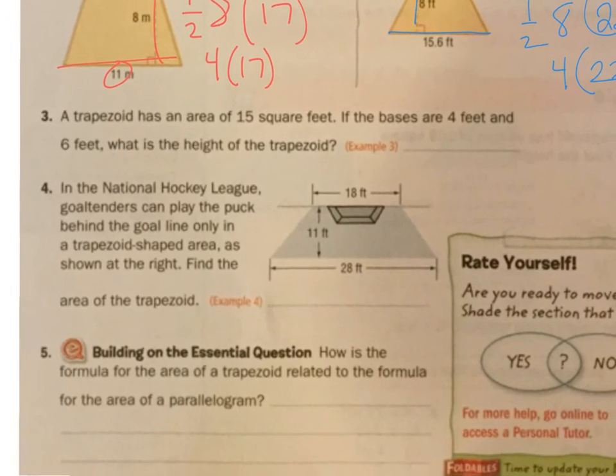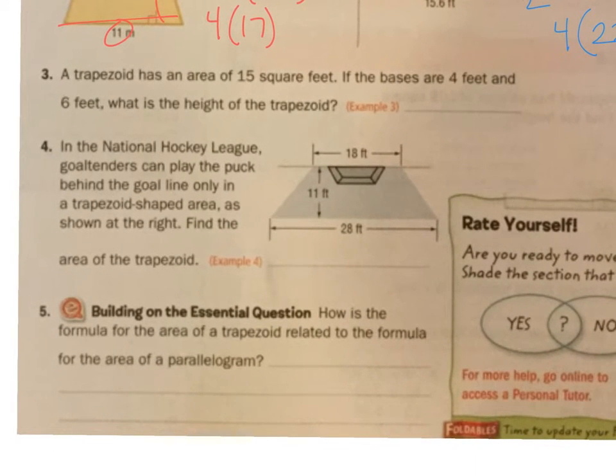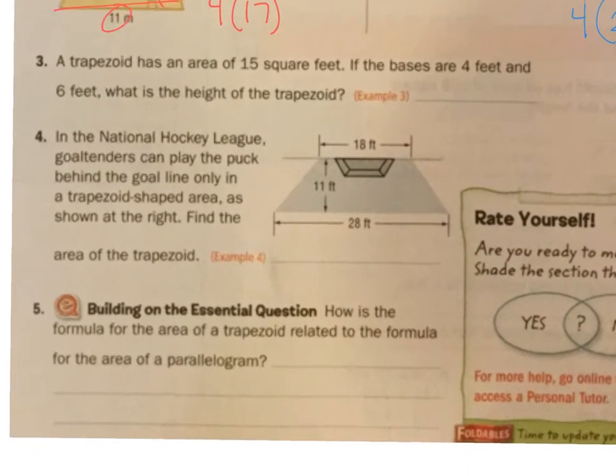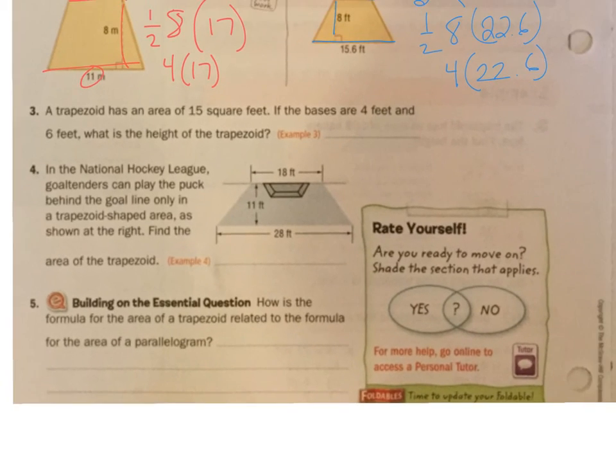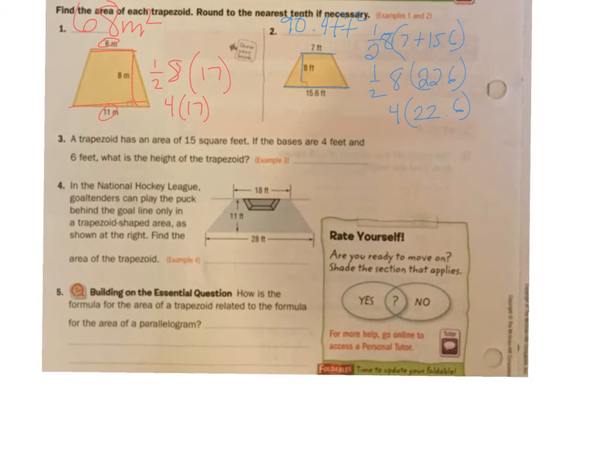Let's look at number 3. A trapezoid has an area of 15 square feet. The bases are 4 feet and 6 feet. What's the height? Okay, so I know this formula, I need the height. So height is 2 times the area. It says my area is 15.